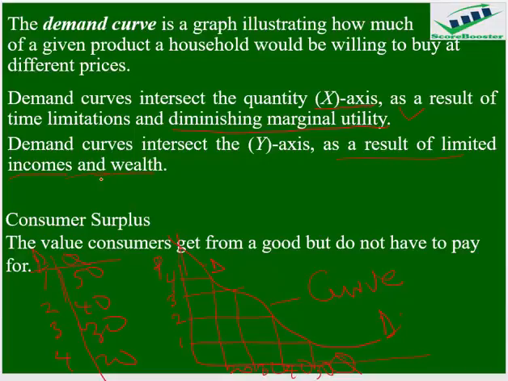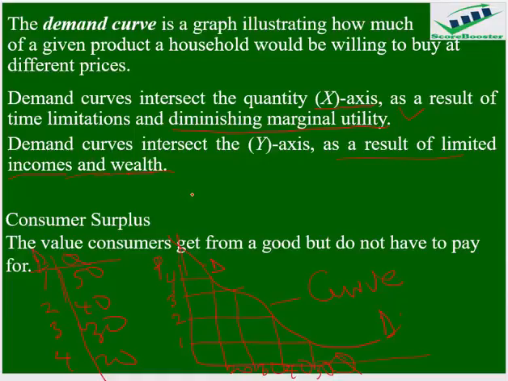We are going to see the importance of income and wealth on demand. If you have a certain amount of money, that will determine the quantity you can demand. Remember our budget line in our previous presentation. We discussed that budget line and indifference curves. So I also urge you to watch that particular video so as to be able to make more meaning from what we are trying to discuss here.